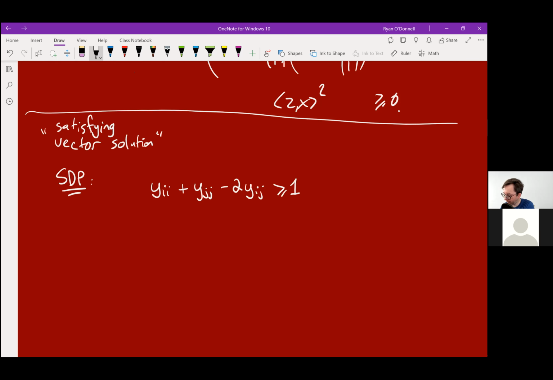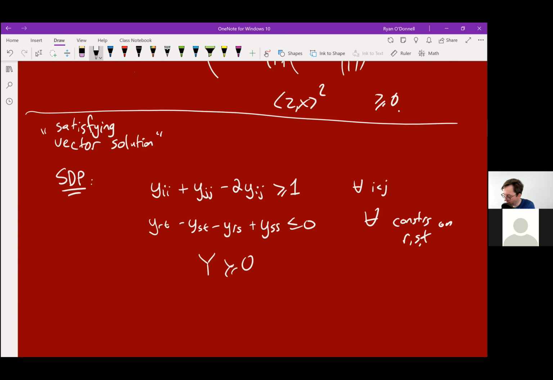And then yrt minus yst minus yrs plus yss less than or equal to 0. And then y is symmetric and positive semi-definite. Okay. Cool. Great.